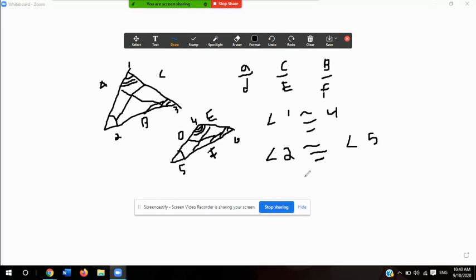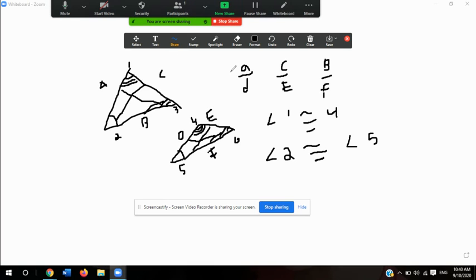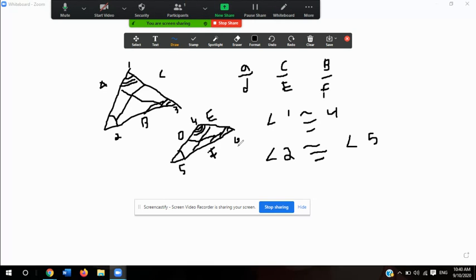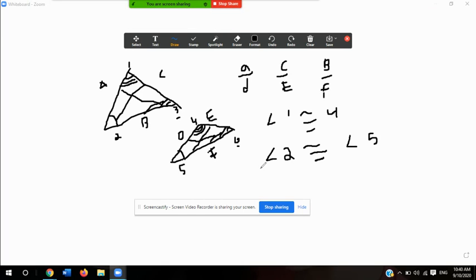And finally, angle 3, which is this one, is congruent to angle 6, which is down here. So we say angle 3 is congruent to angle 6.